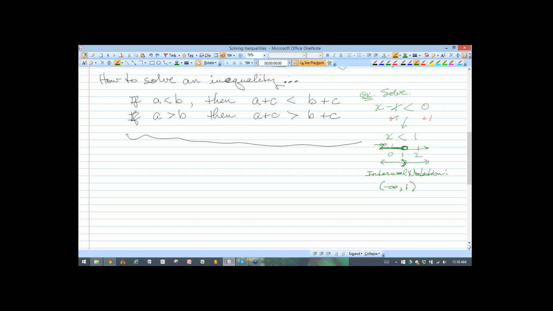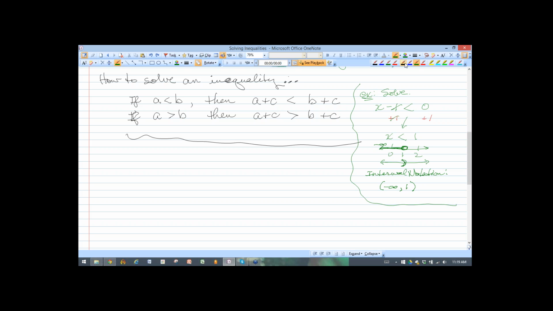Again, the same goes for the parenthesis or the bracket. You can use a parenthesis to cap it off at wherever the endpoint is. A parenthesis excludes, and a squared-off bracket will include the endpoint. Did I say that right? A parenthesis will exclude, a bracket will include.